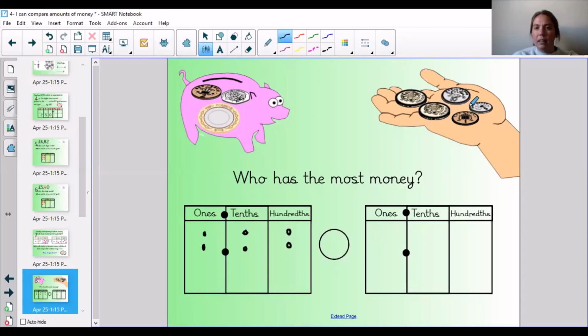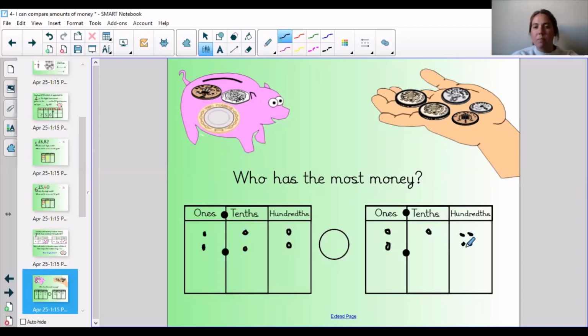While over here, I've got £1, £2, so 2 in the ones column, and then I've got 10 and 5 and 1, so I've got 10, that's 1 in the tenths column, and then 6 in the hundredths column.